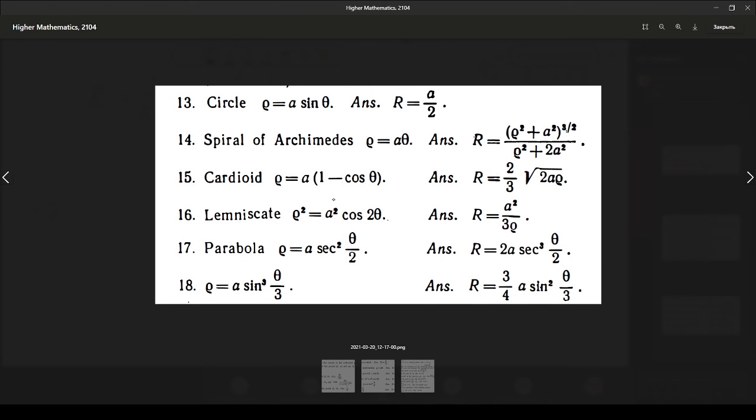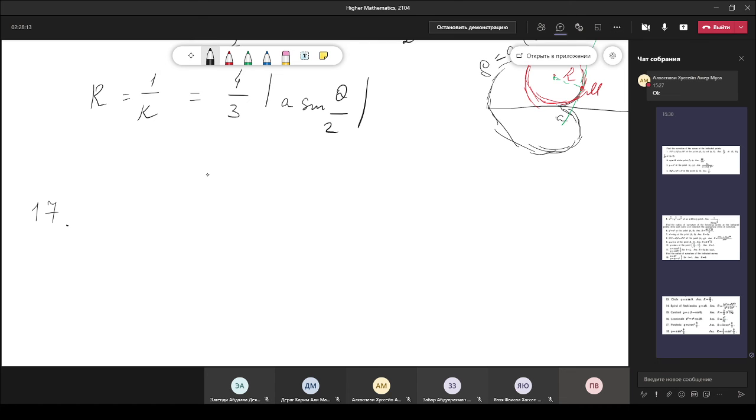Parabola a times secant squared of theta over 2. I write down 1 over cosine squared, replace with sine squared. Rho is a over cosine squared of theta over 2.